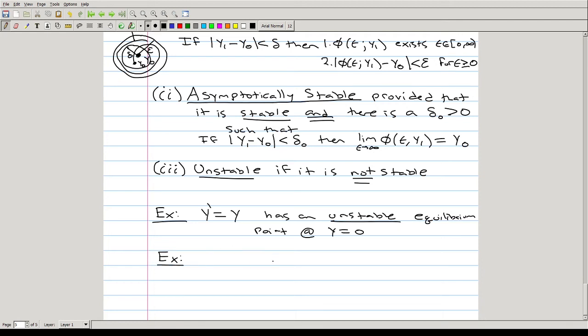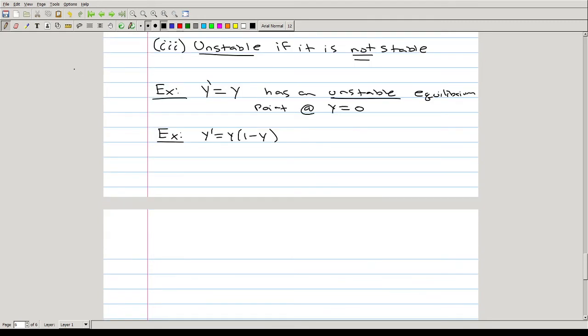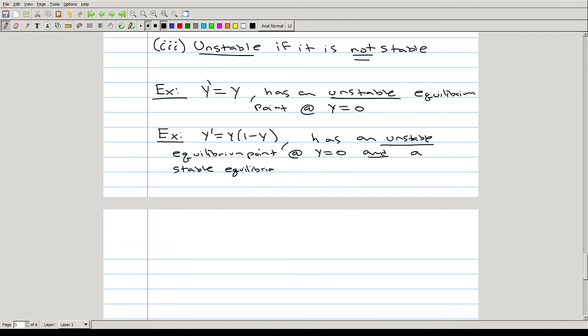And the Verhulst non-dimensionalized differential equation has an unstable equilibrium point at y equals 0 and a stable equilibrium point at y equals 1.